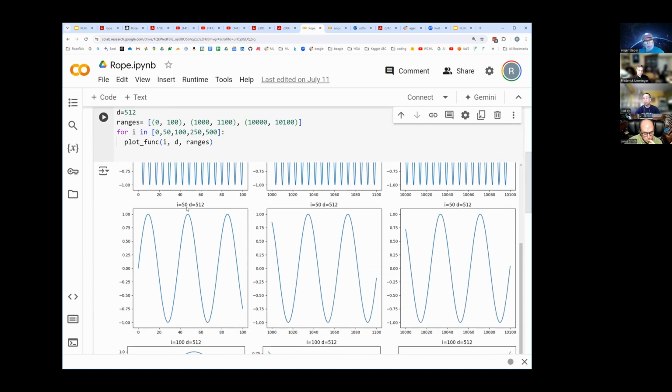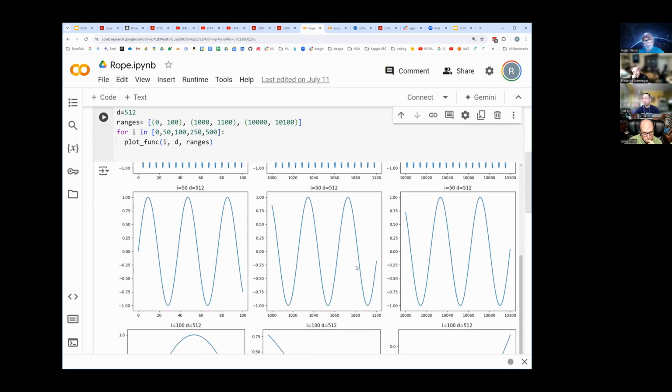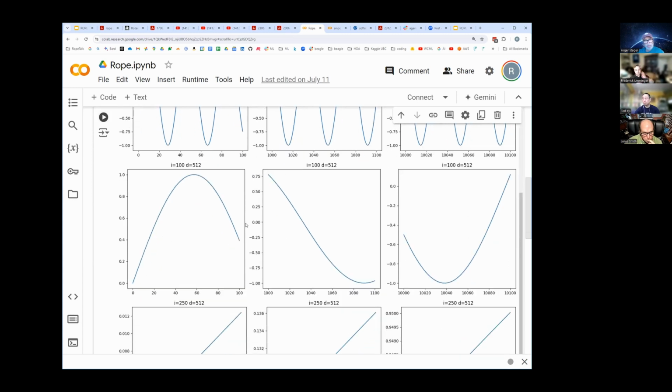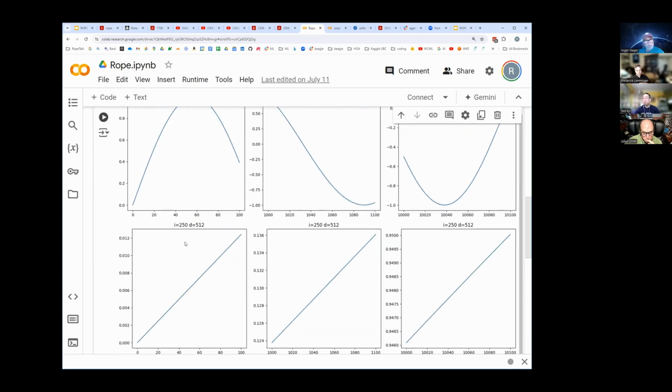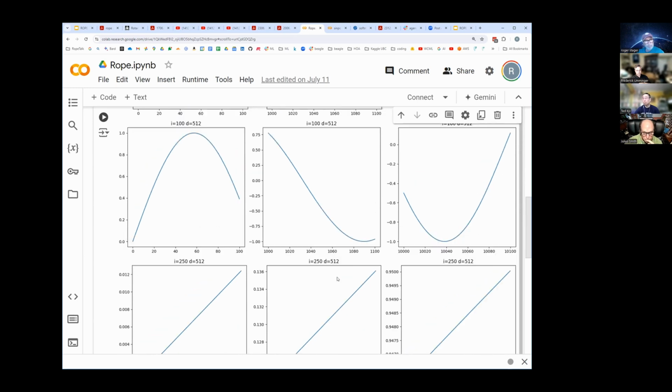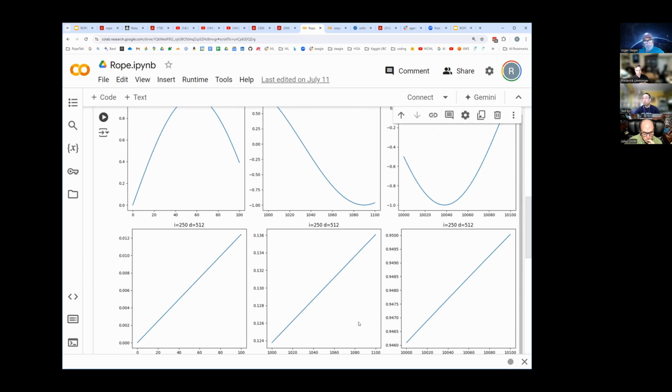As you go up higher in the dimension, so here's dimension 50 out of 512, you can see it's lower frequency, again with the phase shift at the different points. And it keeps on going as you go higher. Interesting when you start getting up into these dimensions, I'm at token position 10,000, and it shifted from 0.1 to almost 1. It's funny, at this scale that looks like the same slope, though it seems like it should be a different slope.